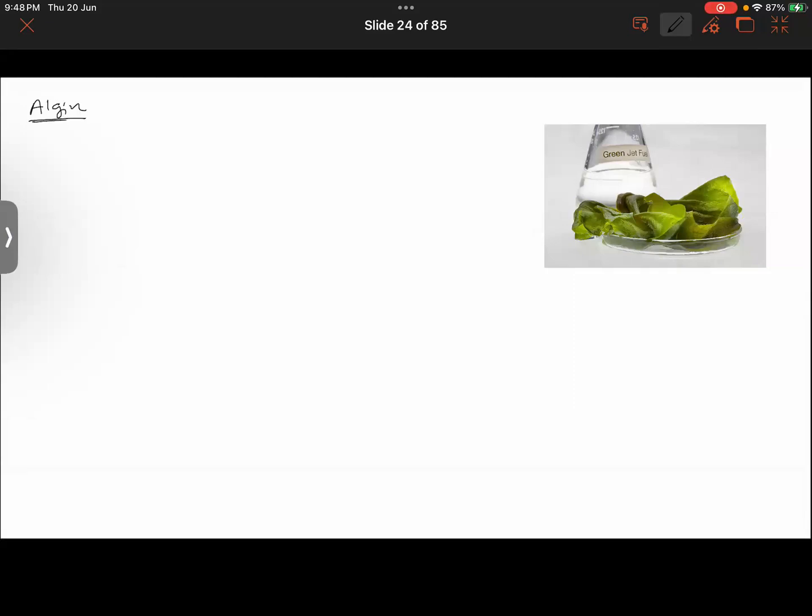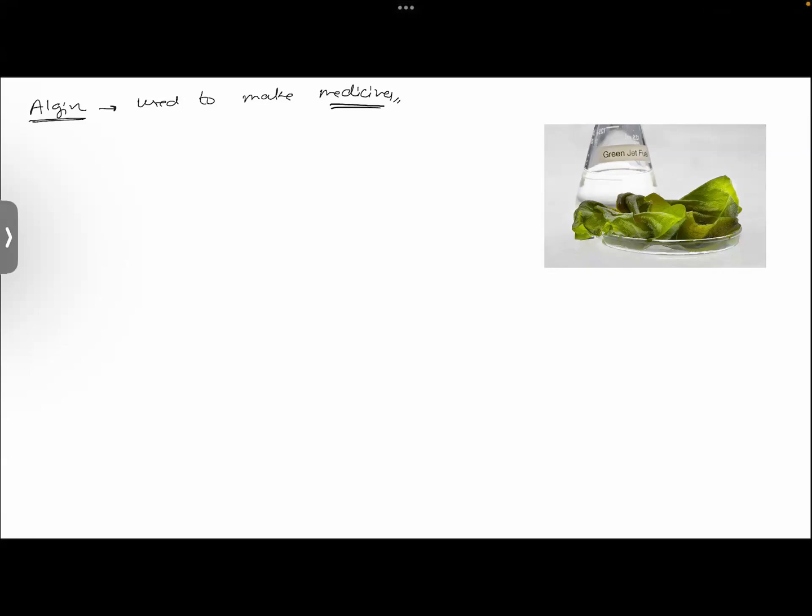So algin, which is obtained from brown alga, is used to make medicines, and those medicines will be helpful in reducing pain and inflammation. For example, someone is suffering from arthritis, where there's pain in joints and bones, so that will give relief to the patient. It is used to make medicines that give relief from arthritis.